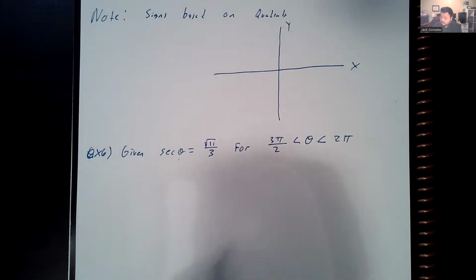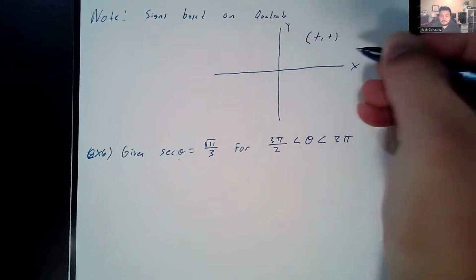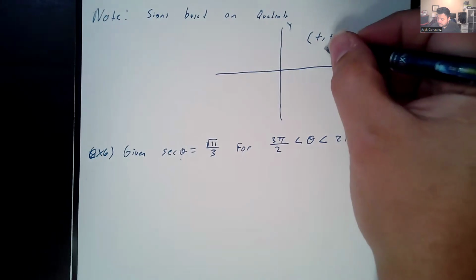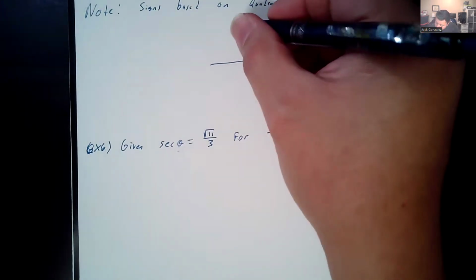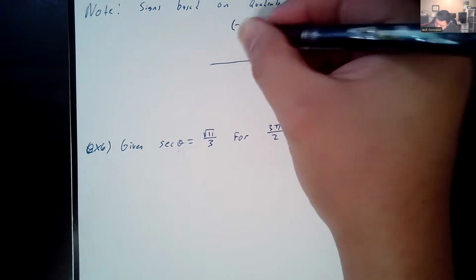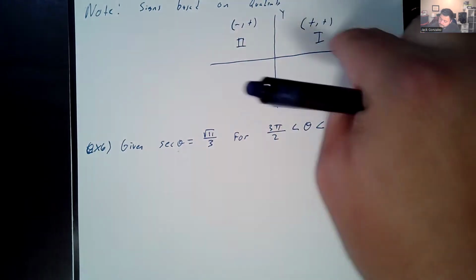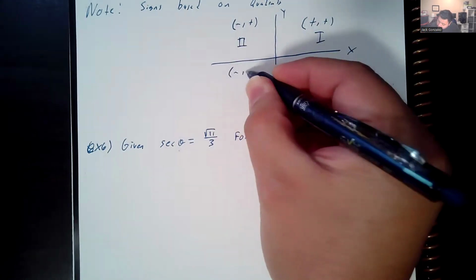So if it's in quadrant one, we know that both x and y have to be positive. Remember, quadrants go one, two, three, four. If it's in quadrant two, the x is negative, y is positive. If in quadrant three, they're both negative.